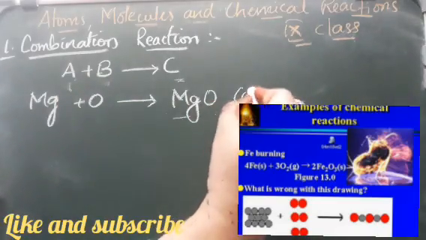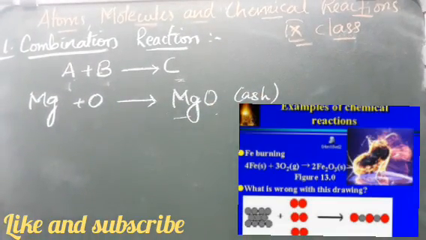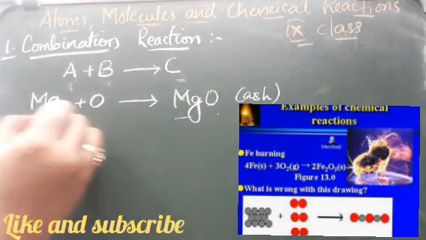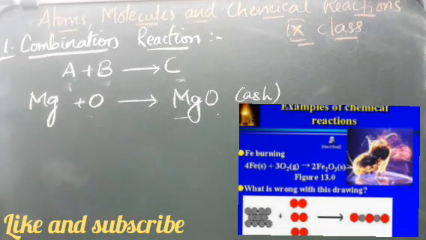This is ash, called magnesium oxide. So it is giving a new product which is the combination of one or more reactants. So this is called a combination reaction.